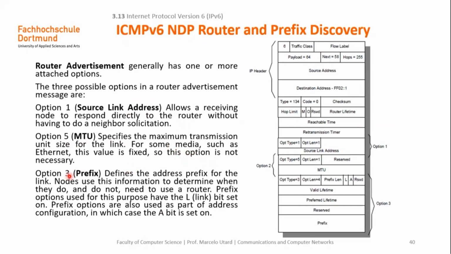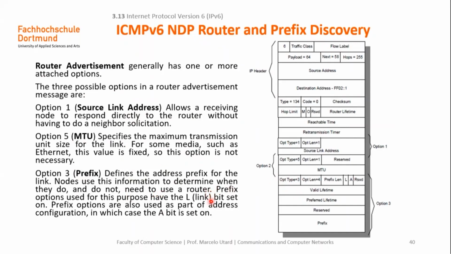And option 3, this one, is the prefix option. This option defines the address prefix for the link. Nodes use this information to determine when they do and don't need to use a router.